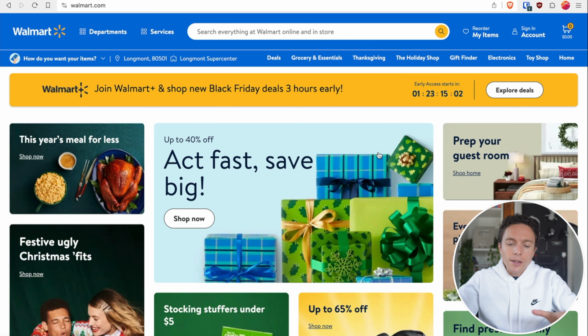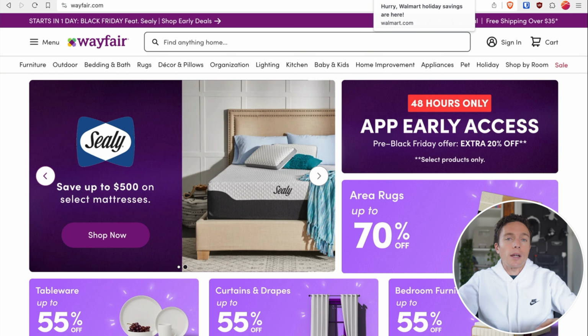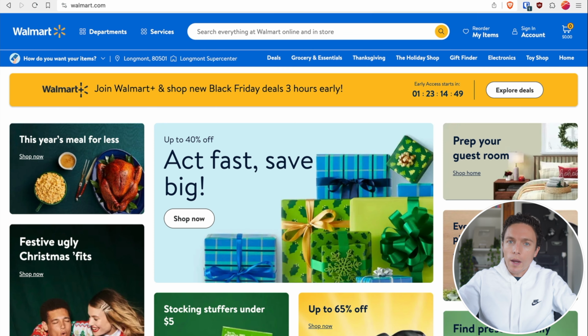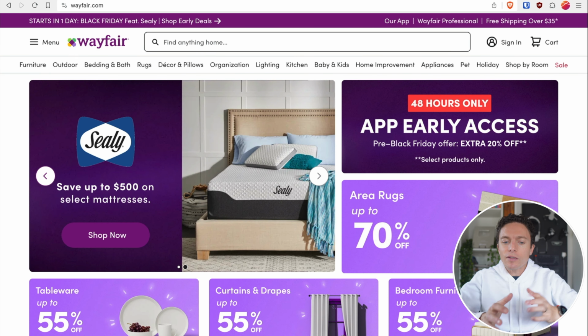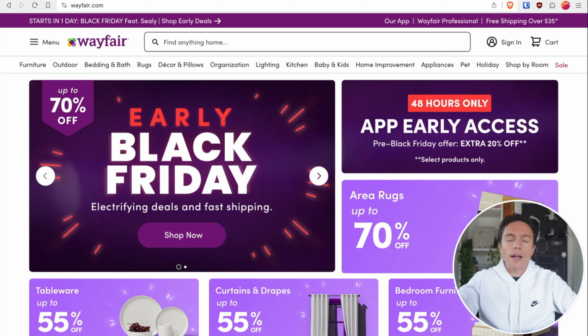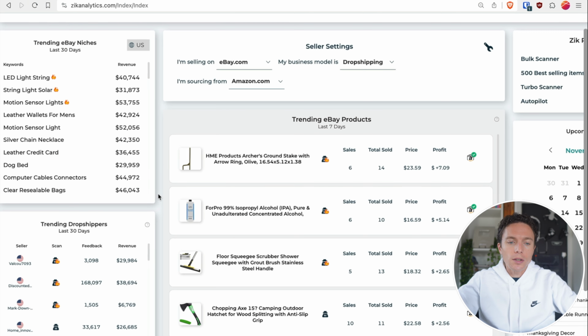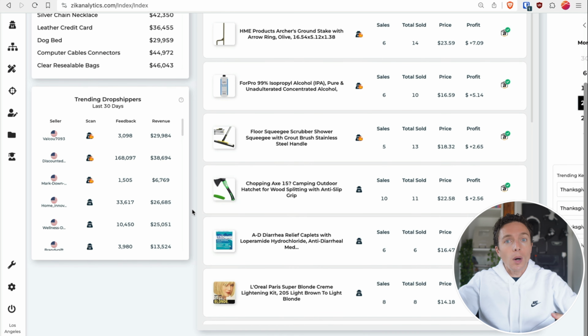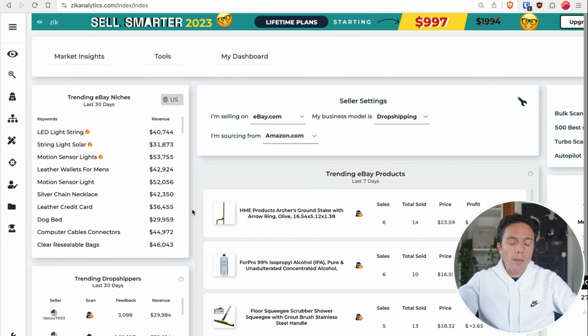As long as you have an idea of which suppliers you want to work with, you're going to see throughout this process that you may find some products that are available on Wayfair, for instance, that you can drop ship, even though you weren't looking for Wayfair products. So you have to keep in mind that it is going to be a bit dynamic, and you have to be adaptable if you want to find the best products to be selling and really do this well. Dropshippers that do the best are the ones that add the most winning products, no matter where the items are coming from, no matter which supplier.